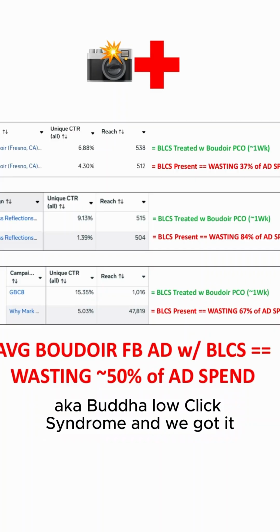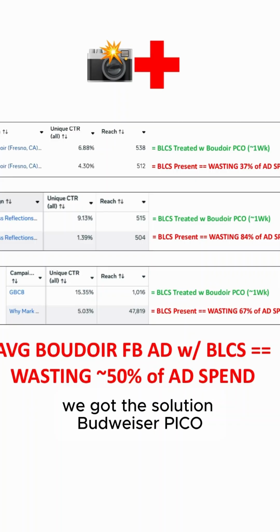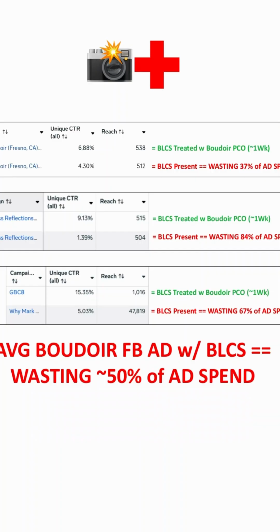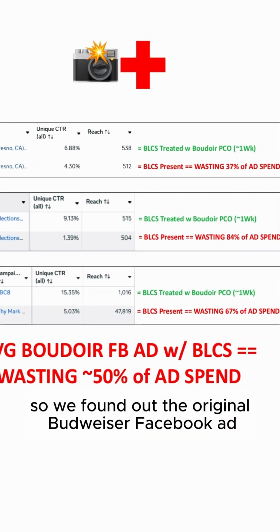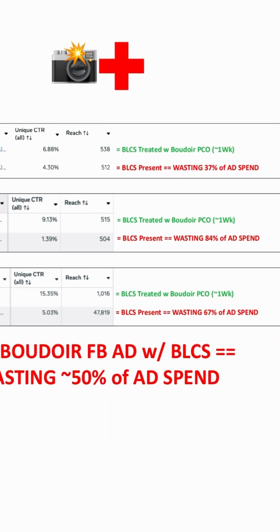We got it. But we also know we got the solution, boudoir Pico, and we were able to get the unique CTR up to 9.13%. So we found out the original boudoir Facebook ad was wasting 84% of ad spend.